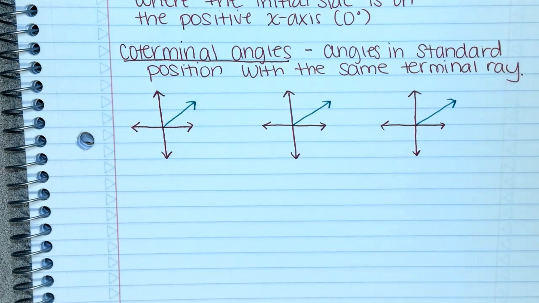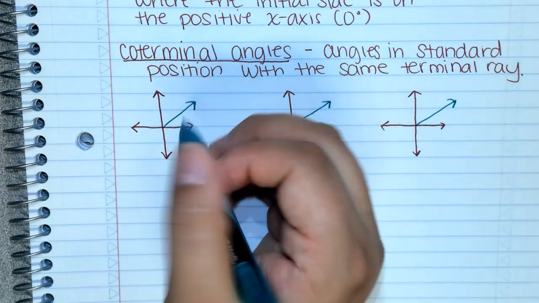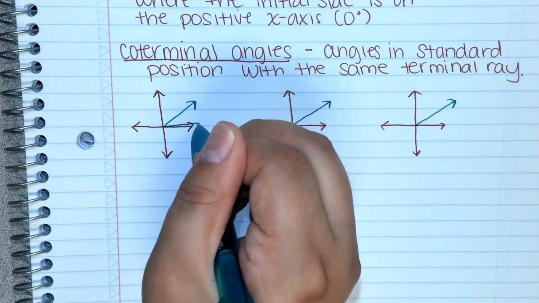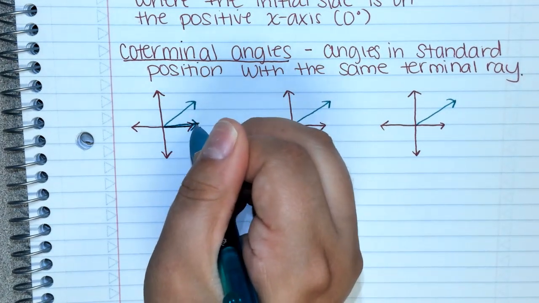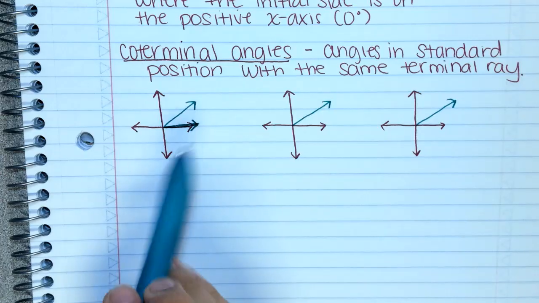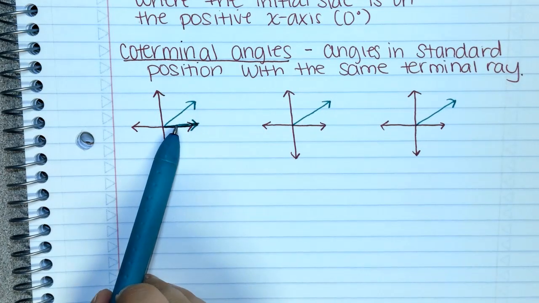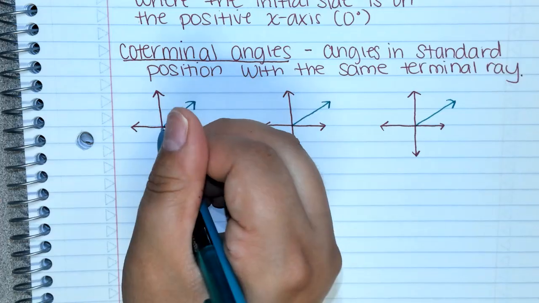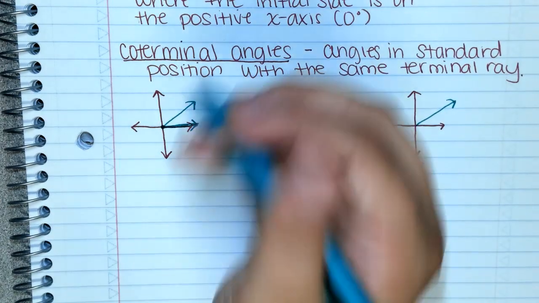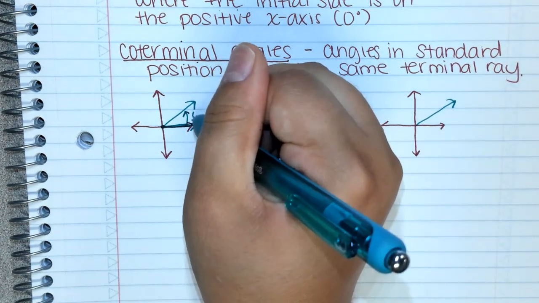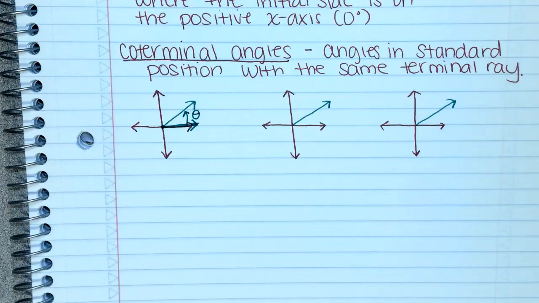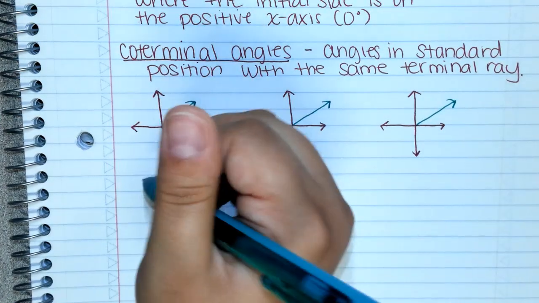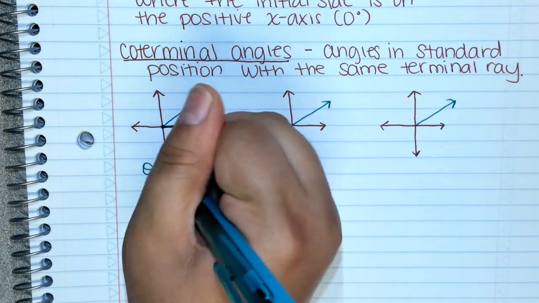Does it look like I drew the same picture 3 times? Right? This right here is our angle in standard position. The initial ray is on the x-axis on the positive side. The vertex is at the origin. And I'm just going to call this theta for today. And let's make theta 30 degrees.